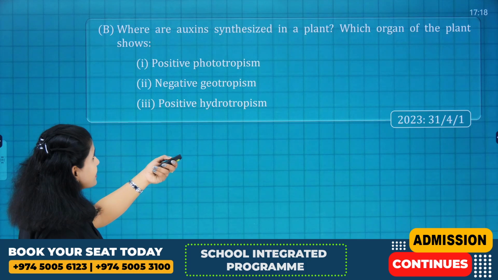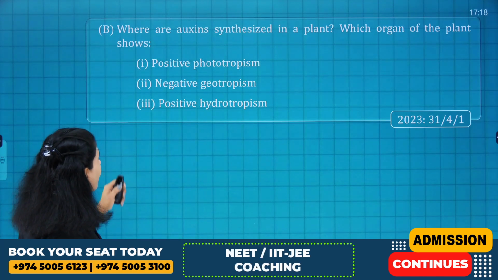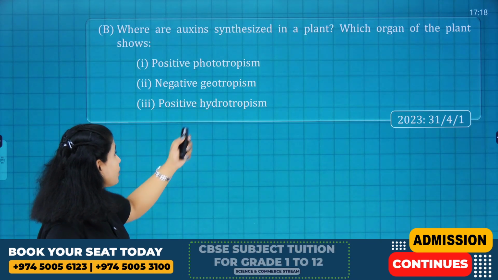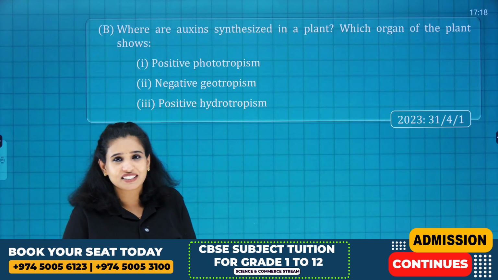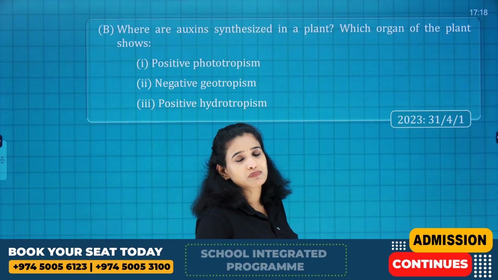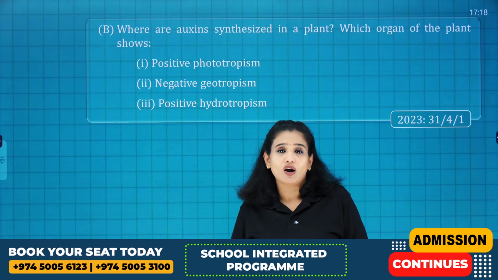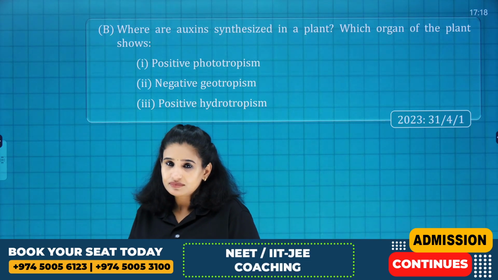Auxins are synthesized in a plant. Which organ of the plant shows positive phototropism, negative geotropism, positive hydrotropism? See, we have learnt about tropic movements. What is meant by tropic movements? It's a growth dependent, or we can call it a directional movement.